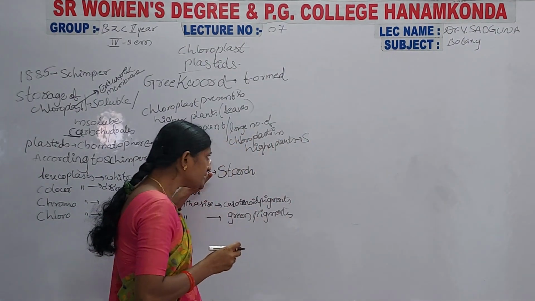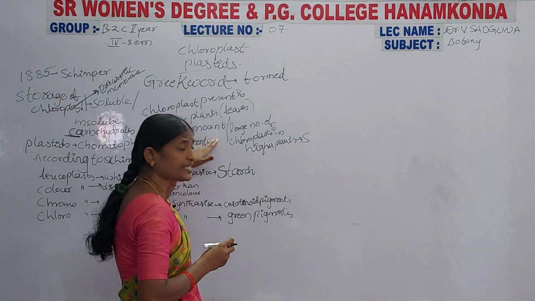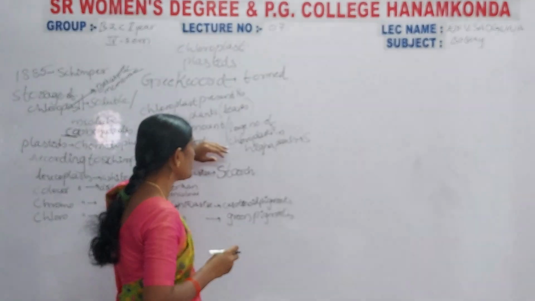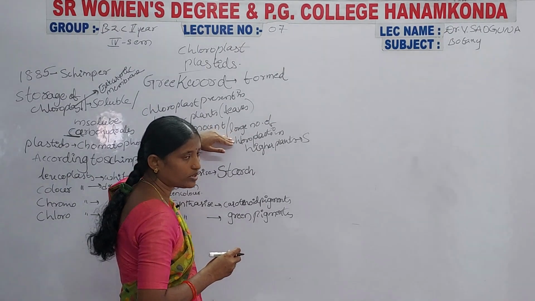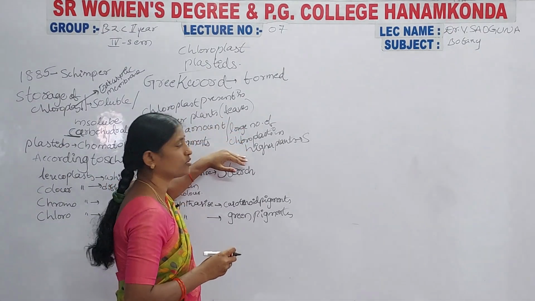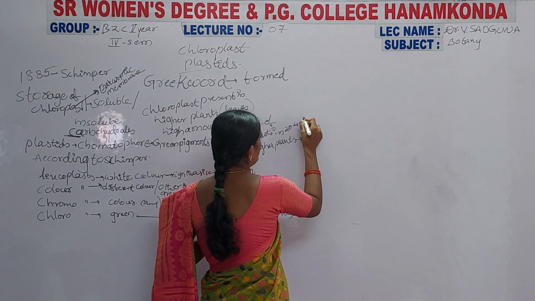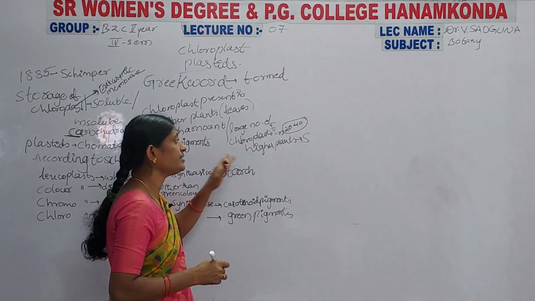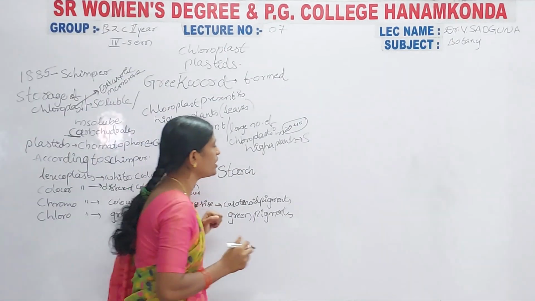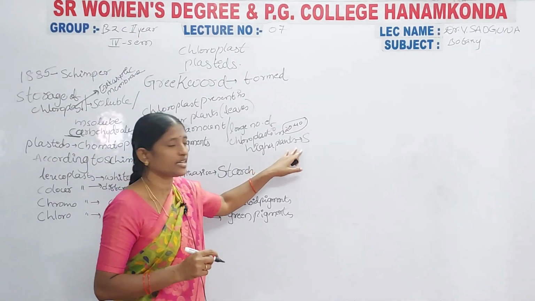The chloroplast occurs in higher plant leaves, where there are 20 to 40 chloroplasts per cell.